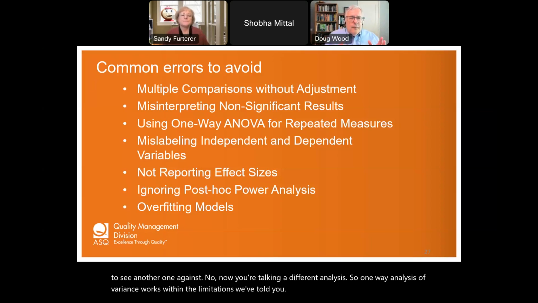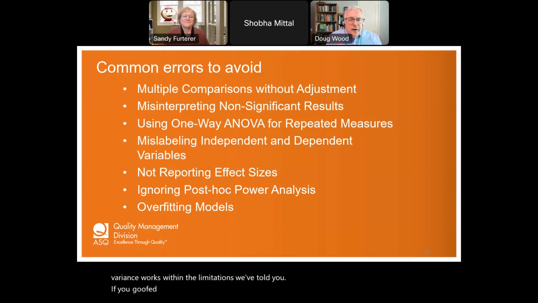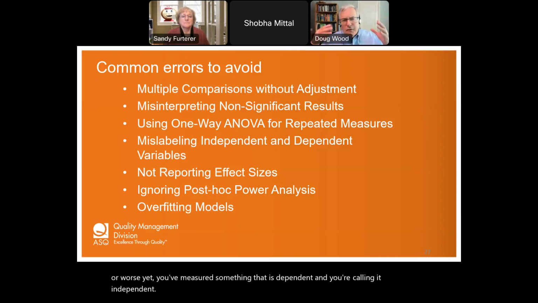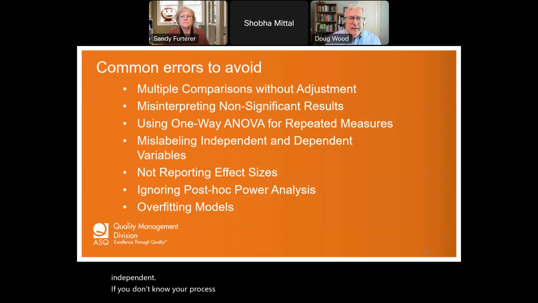If you've goofed and labeled some variables as dependent when they're independent, or worse yet, you measured something that is dependent and you're calling it independent. If you don't know your process well, this can happen. Mislabeling and switching that around is going to really mess with things, and you won't have a valid study.